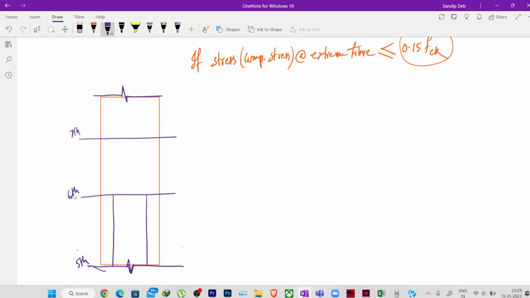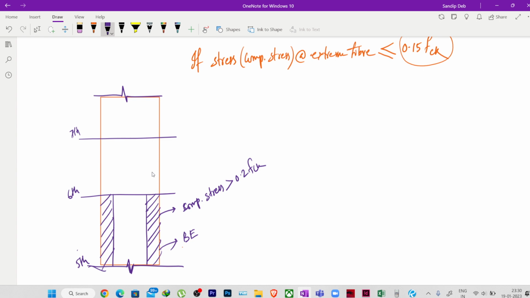Now up to your 6th floor, the compressive stress here was greater than 0.2 FCK. So then we will be providing boundary elements here. So we provided boundary elements to take care of this stress.